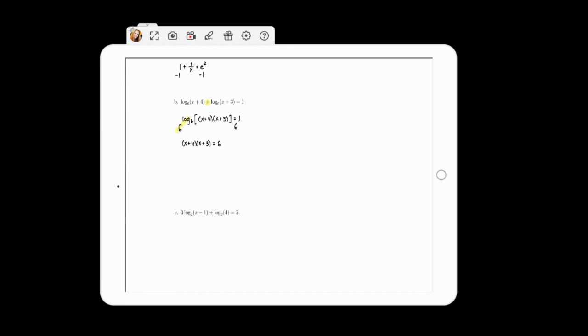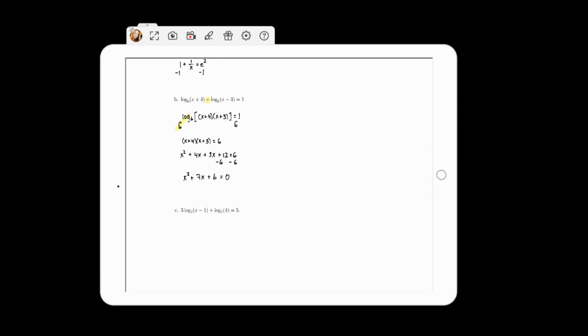Okay, so I should probably multiply out the left, FOIL it out, so I'm going to have x squared plus 4x plus 3x plus 12 equals 6. And I want to put the 6 on the other side so that it's equal to 0, so that I could either use the quadratic formula or the factoring method. So upon subtracting 6, I obtain x squared plus 4x plus 3x, 7x, plus 12 minus 6, 6, equals 0.